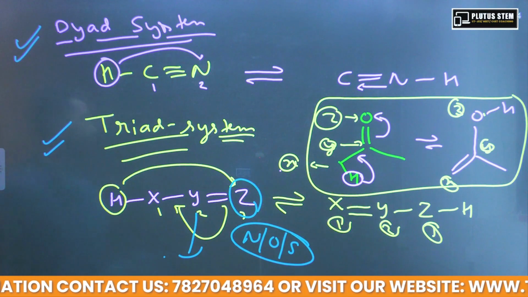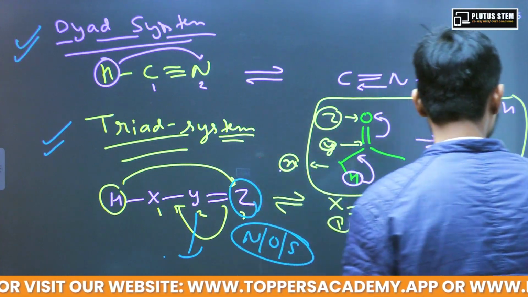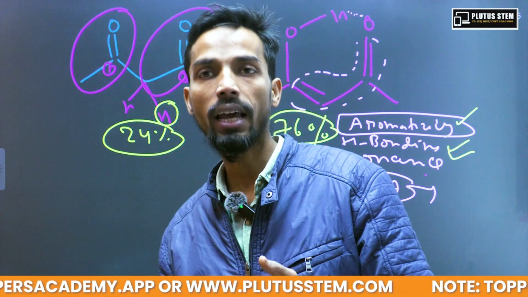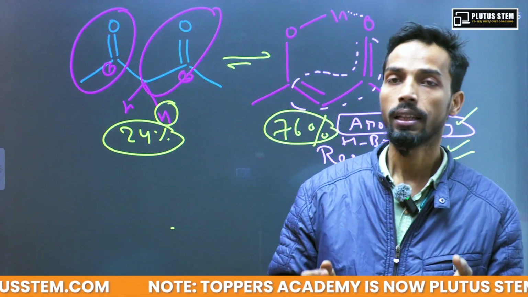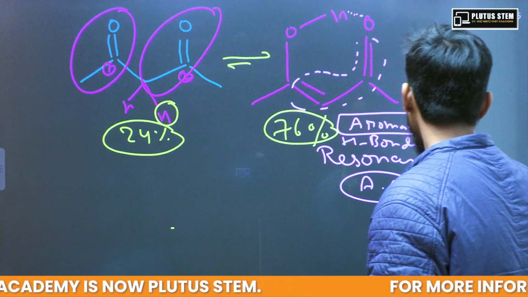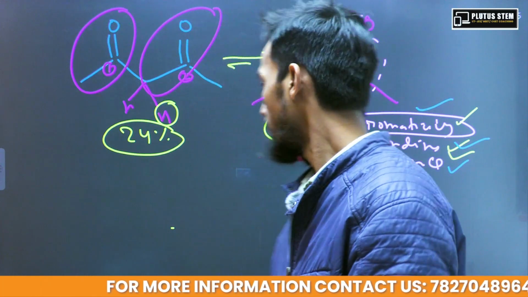We have discussed two types of systems that give this tautomerization, that is the diad system and the triad system. After that we discussed the content also. Why are we getting lesser content and sometimes higher content? That purely depends on four factors: aromaticity, hydrogen bonding, resonance and aromatic character.